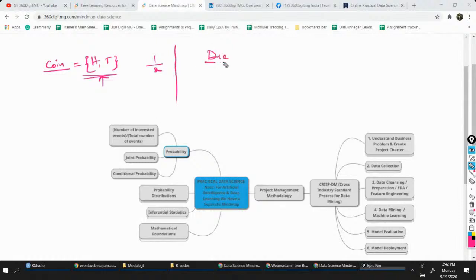Now I am rolling a die, a single die. What possible outcomes do I have? 1, 2, 3, 4, 5, 6. 6 possible outcomes are there, right?